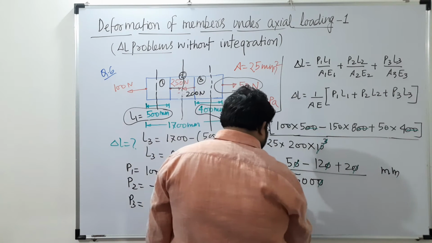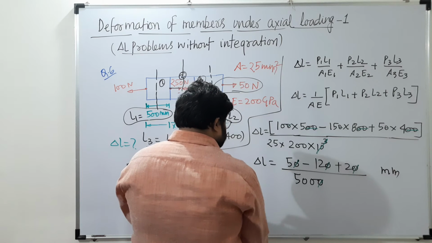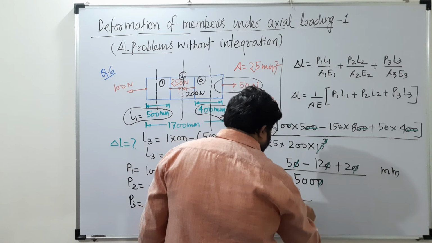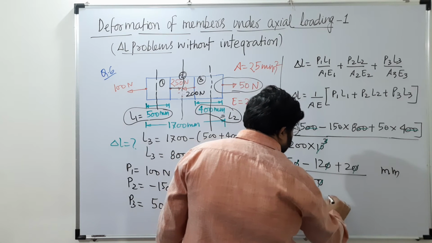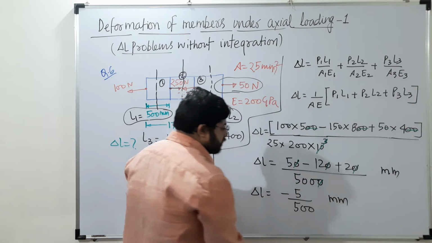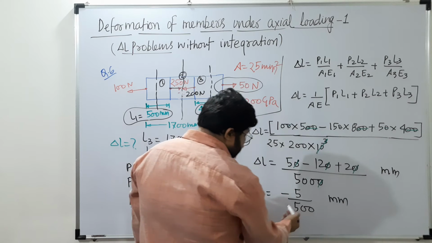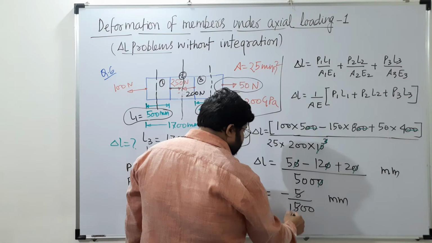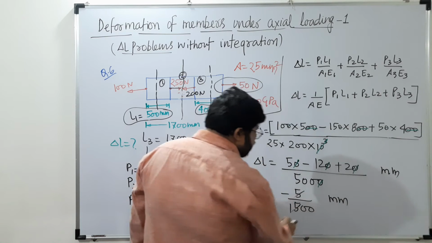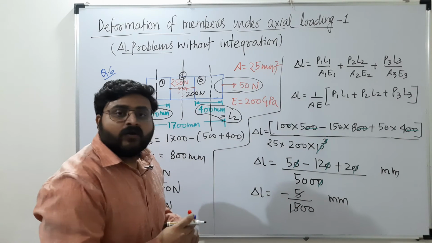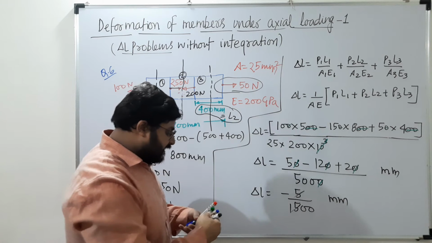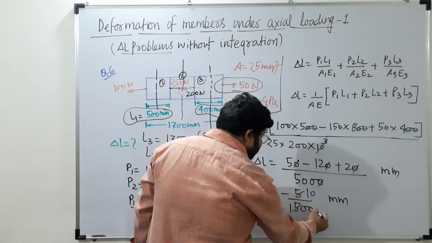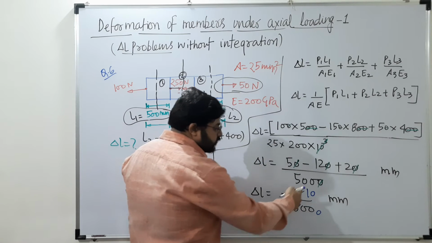So this is actually written as delta L equals minus 5 upon 500 millimeter, right? So look at this, this is negative 5 upon 500, this can be cancelled with this, so this is 100. Now if we multiply by 10, here we will get a value 10 and here we will get a value 1000, right? So 10 upon 1000.